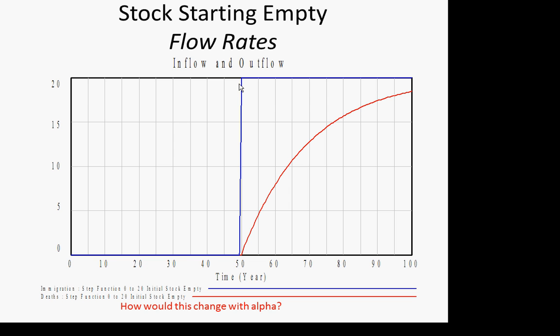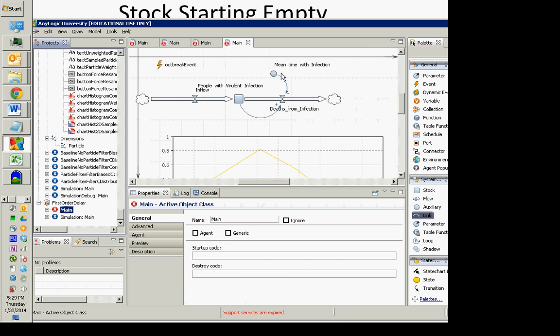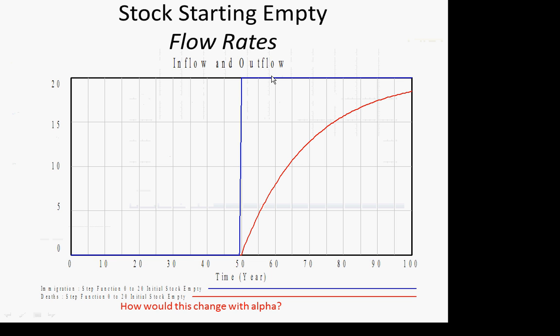And ladies and gentlemen, what will happen if we have different time constants associated, different mean time with infection? How will that change things? Because after all, that affects the outflow, right? The outflow is affected by the mean time with infection.